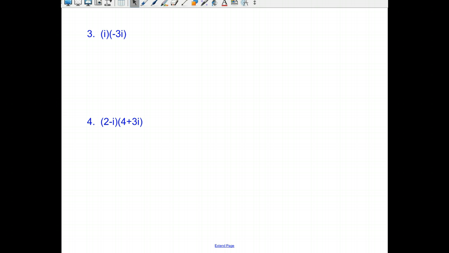Number 3, we are multiplying the complex numbers. This is just like multiplying variables. You end up with -3i squared, because i times i is i squared. The only difference here is that we have to change the i squared. Remember we said earlier that i is the square root of -1.